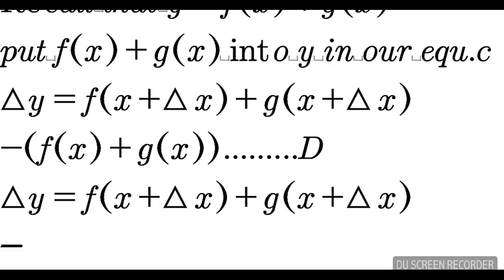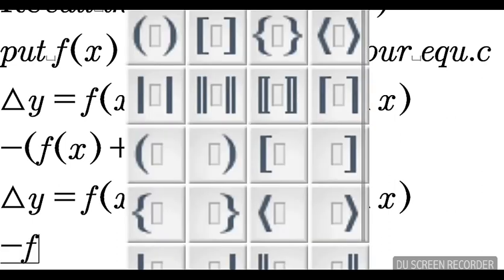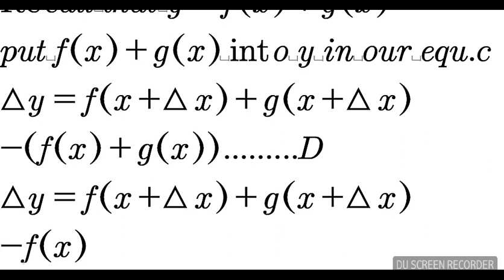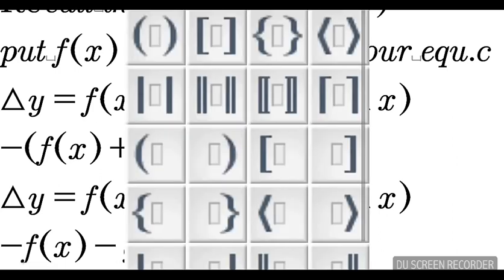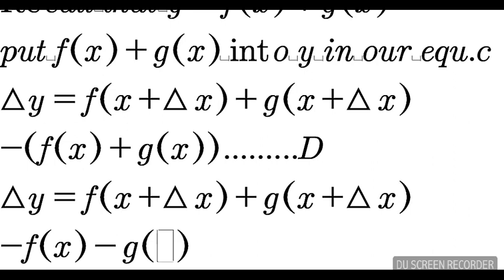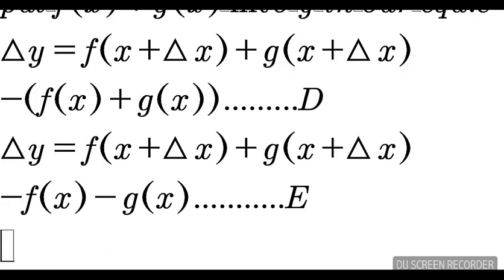Minus times plus f of x gives me minus f of x. Minus times plus g of x gives me minus g of x. So let's call this equation E.